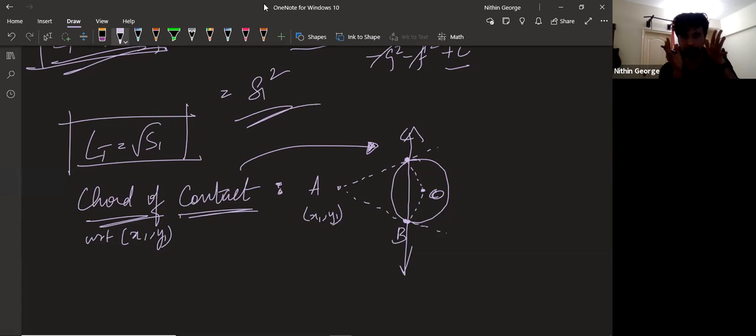That's all I want you to understand here. There's a circle. When I say chord of contact with respect to A, what does that mean? From A, you draw two tangents to the curve and connect the points of contact with the chord. This is the chord of contact.